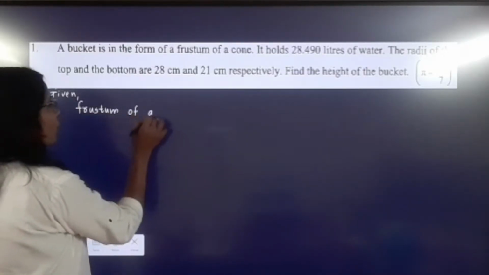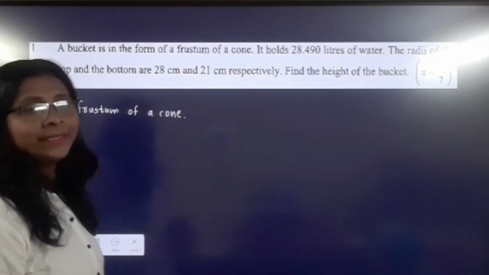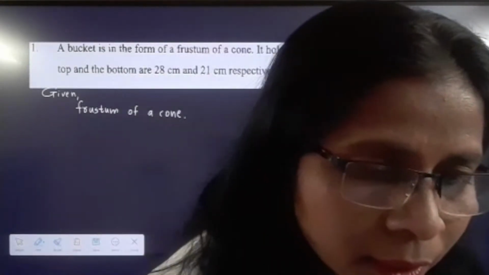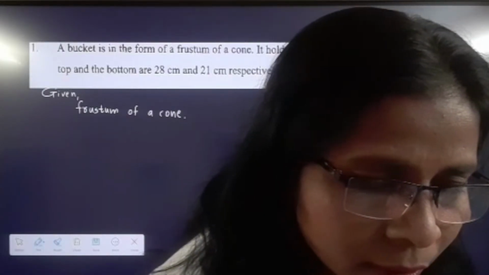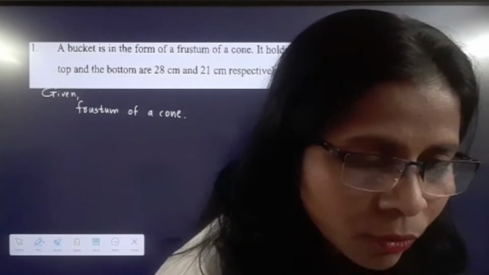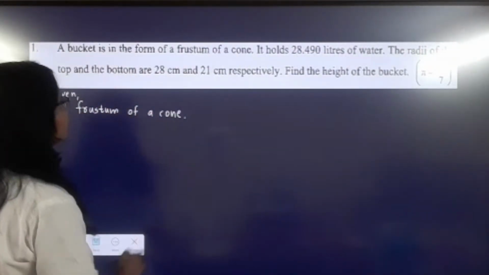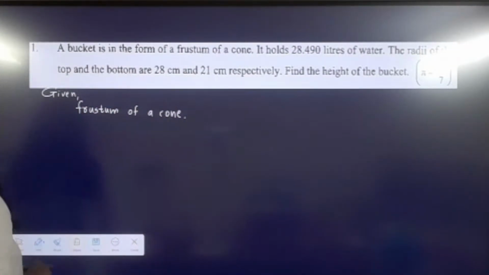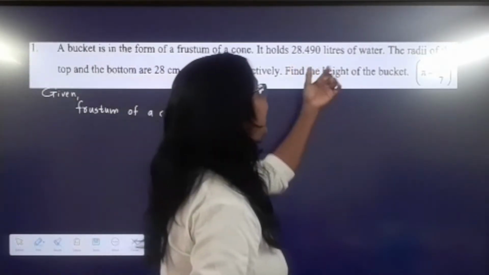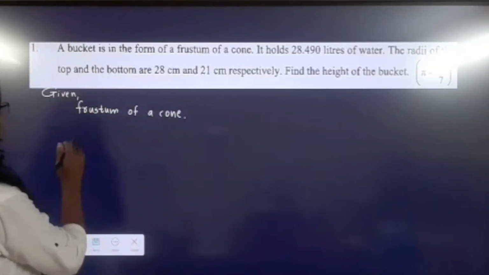Frustum of a cone. Okay, students, is it audible? Yes, okay. Then the frustum of a cone holds 28.490 liters of water. That means it is a volume, the volume of a frustum.